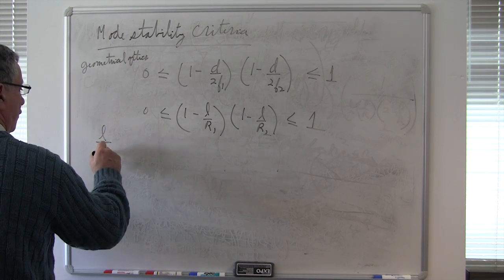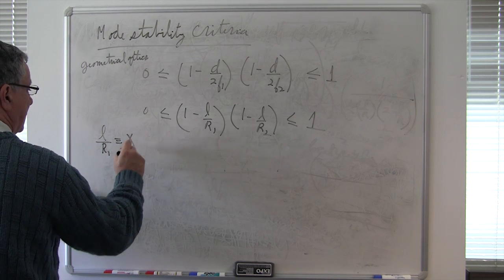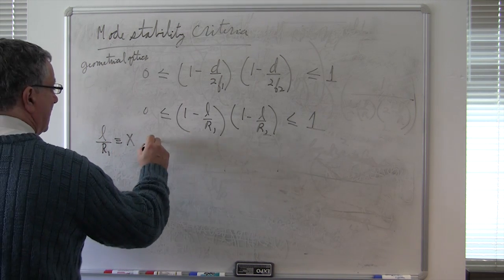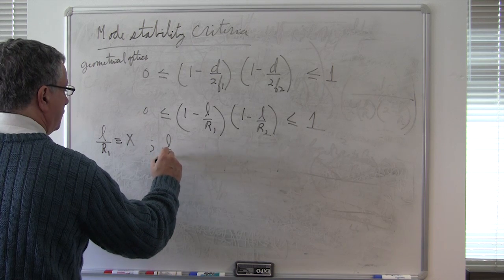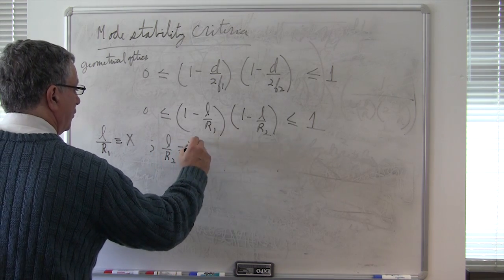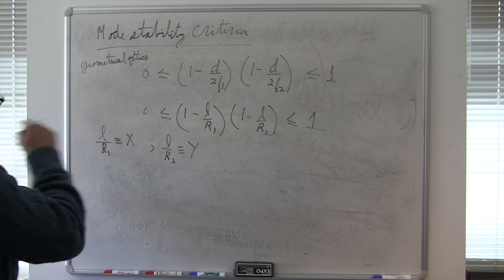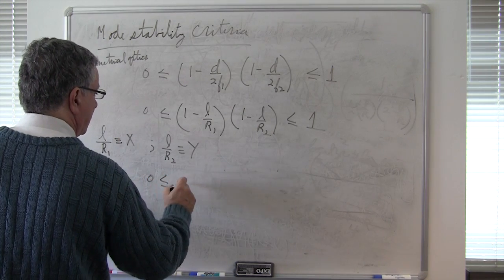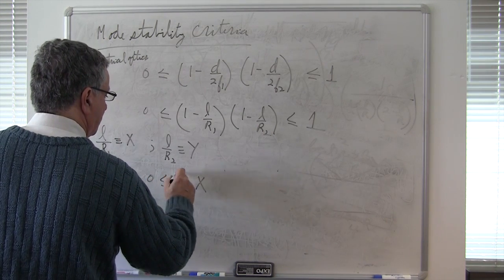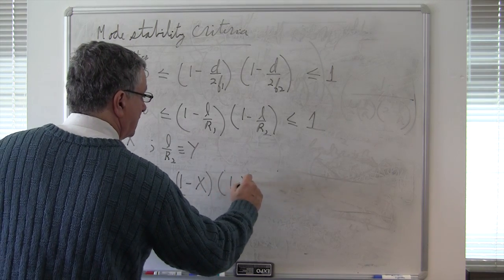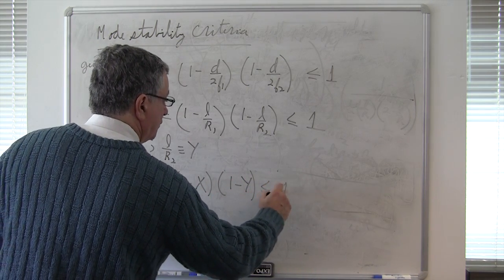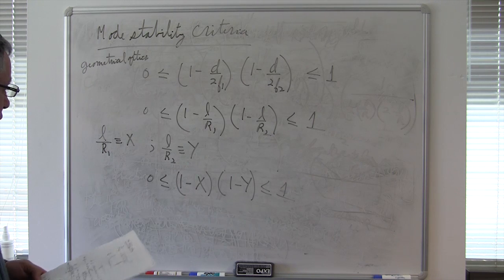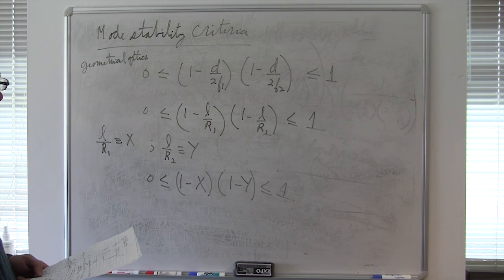We define L over R1 as capital X, and L over R2 as capital Y. So now we can rewrite this expression as (1 minus X) times (1 minus Y), smaller or equal to 1.